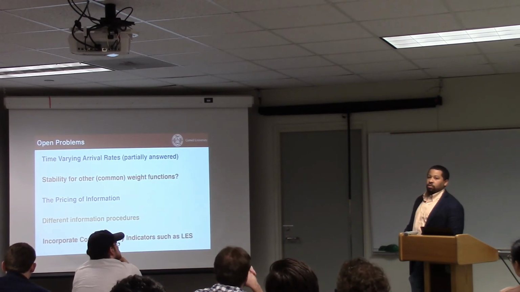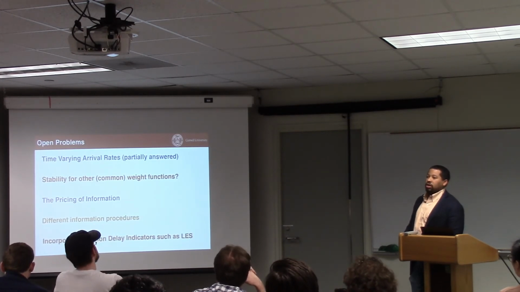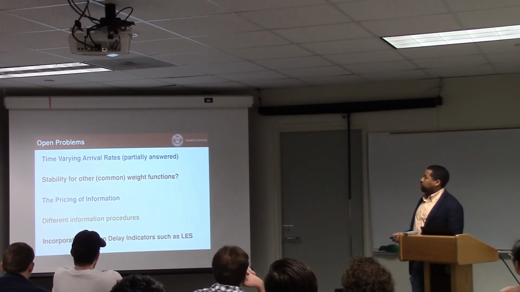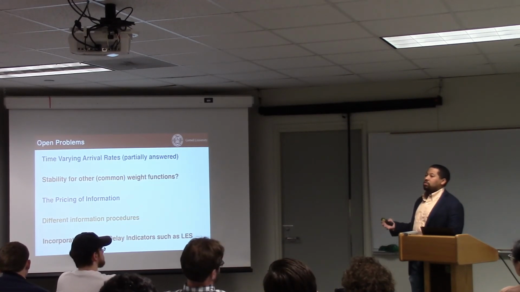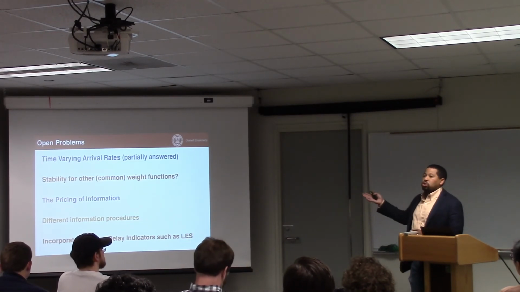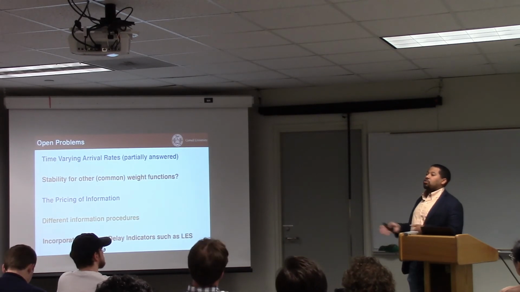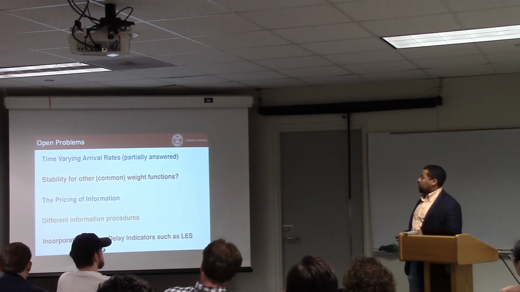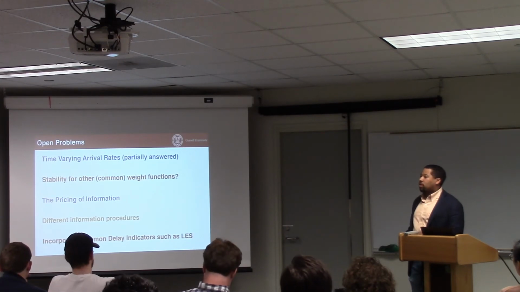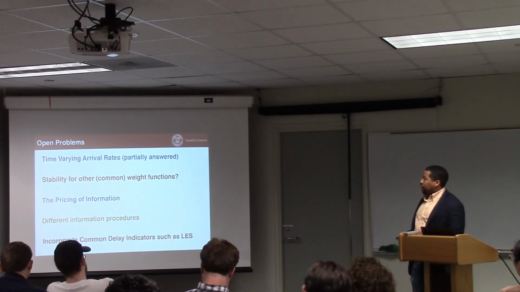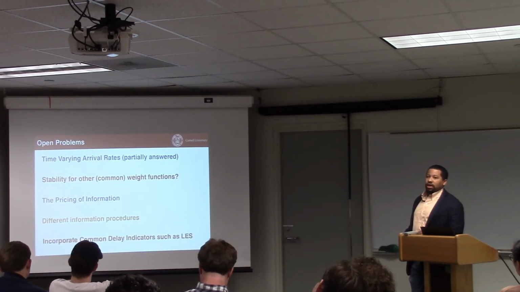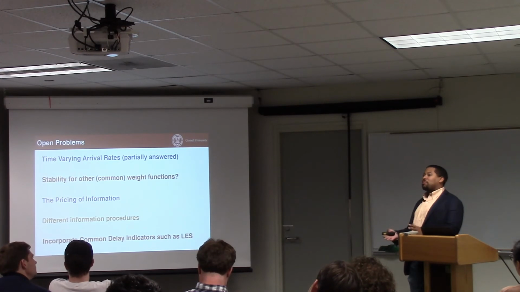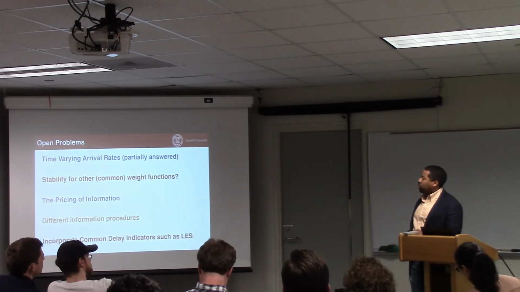One thing we've started to work on is a data-driven version of stability: what if I only know a few moments of the delay distribution? Can I give bounds on where I think my Hopf bifurcation occurs? It seems like we have gotten pretty far in understanding that. There are also notions of pricing information. Can we price giving people information, and how does that work?